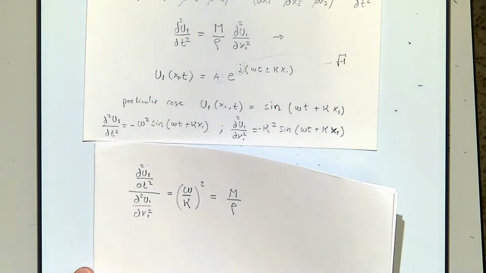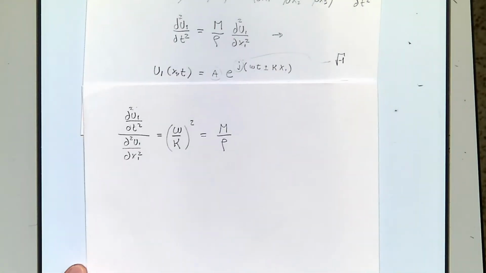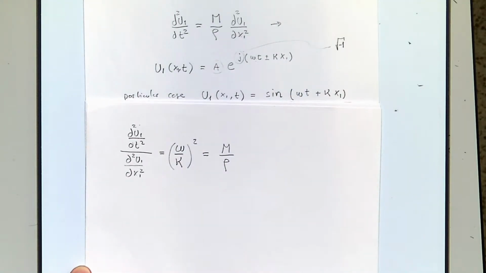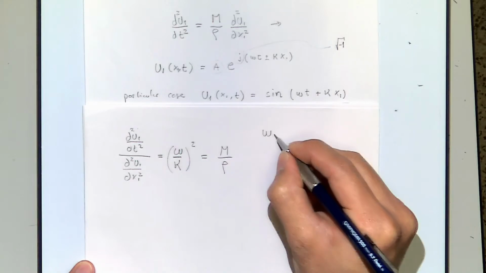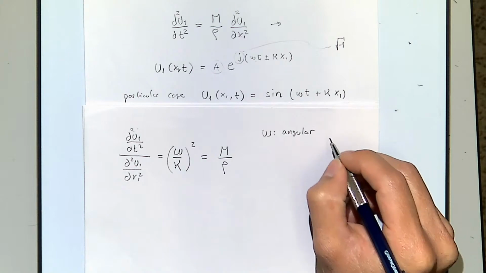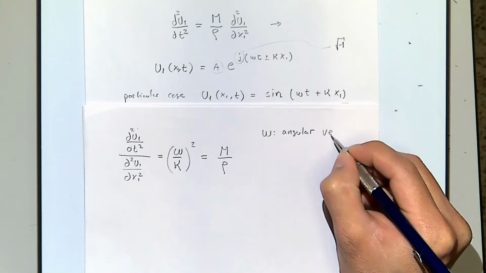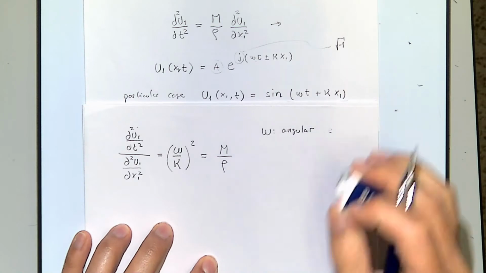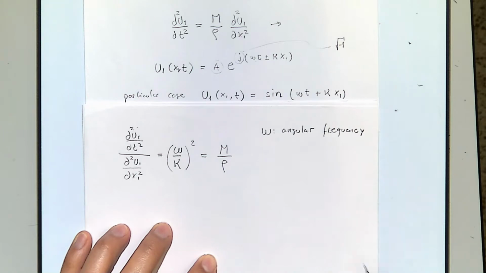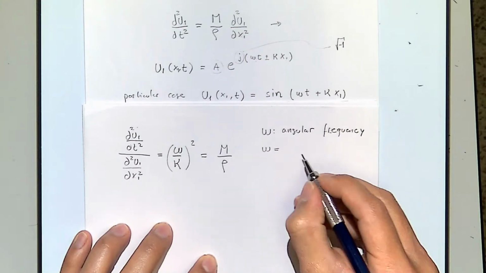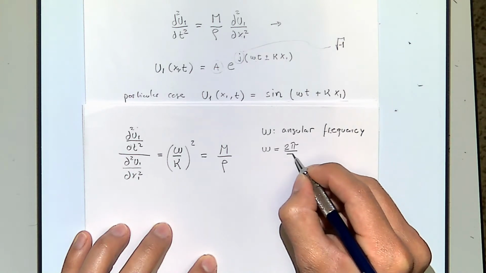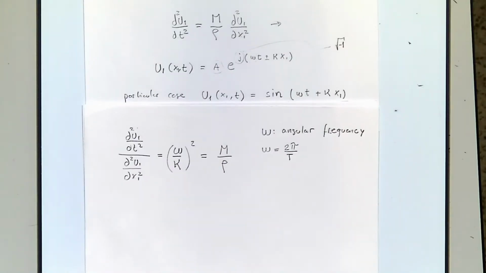And let's go a little bit further here and talk about the physical meaning of these two. Omega is what is called an angular velocity, or actually an angular frequency. And this is equal to 2 pi divided by the period of the wave in time.